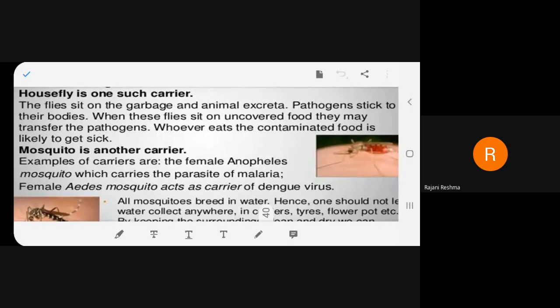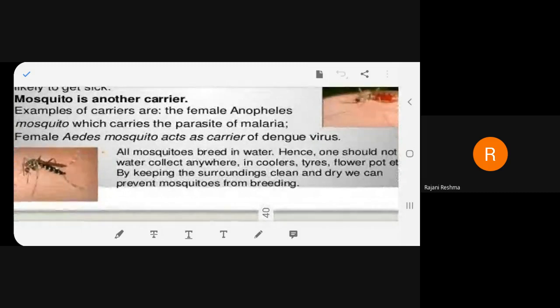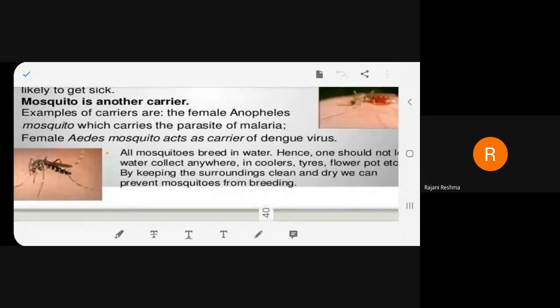Then these flies come and sit on the uncovered food, and we eat that food. What will happen? We will get sick because the microorganisms are present in the food. We do not know about it. Is it clear to all of you? Yes, ma'am. Okay. The next one that we are going to talk about is, what is that, beta?